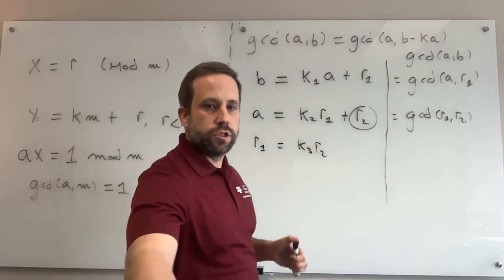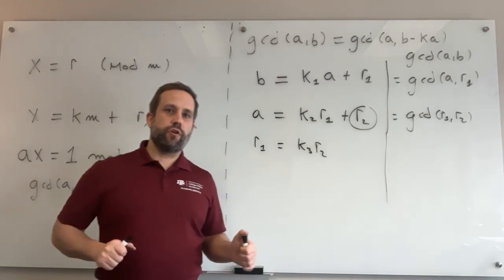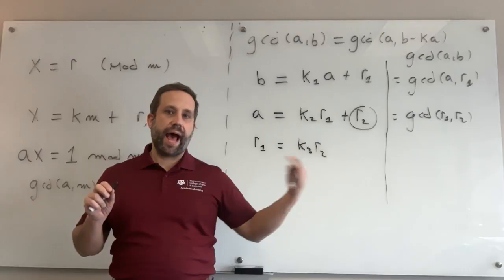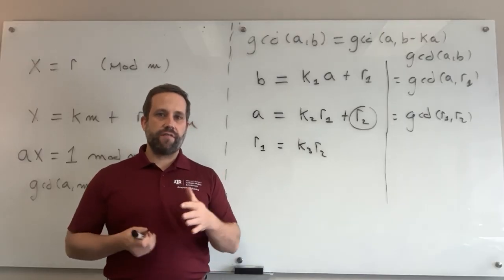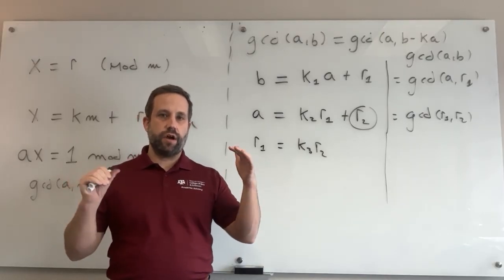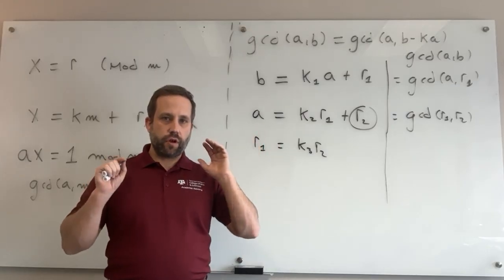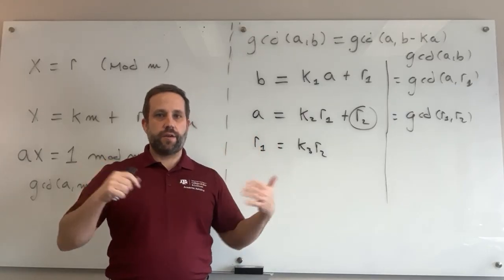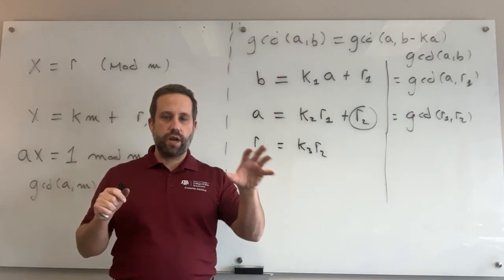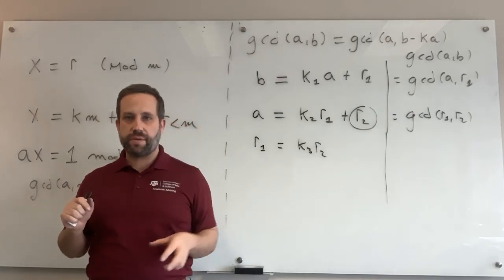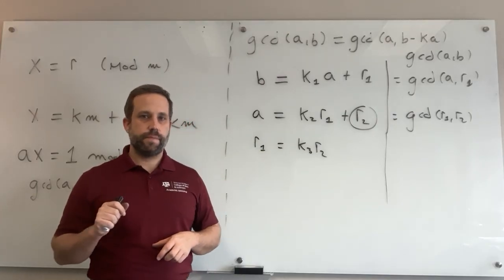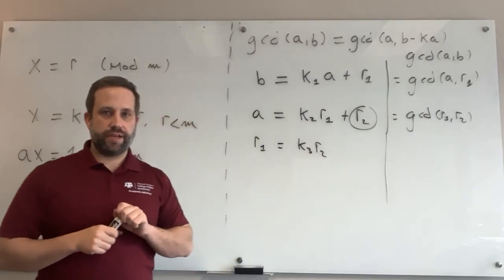If R1 is a multiple of R2, what is the greatest common divisor of R1 and R2? It has to be R2. Anytime you have a greatest common divisor of two numbers, it has to be less than or equal to the smallest one. If one number is a divisor of the other, that's going to be the greatest common divisor.